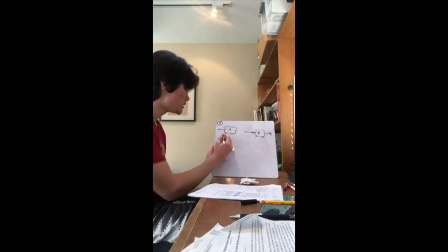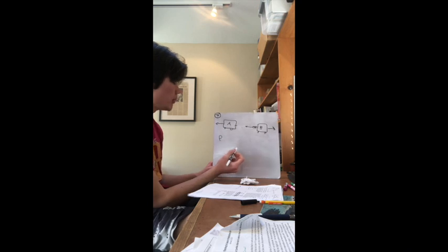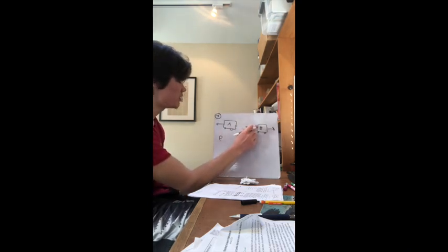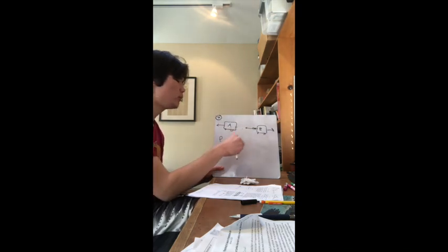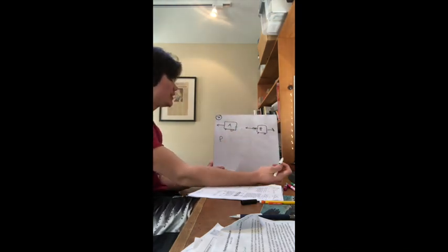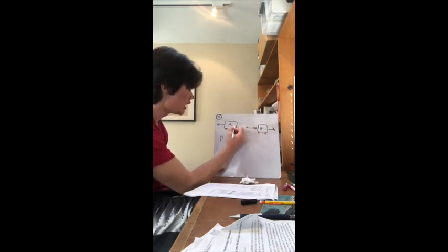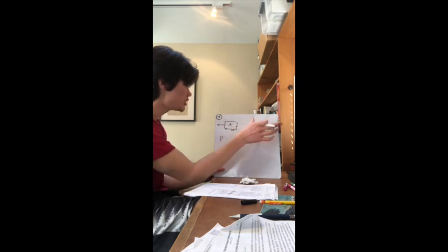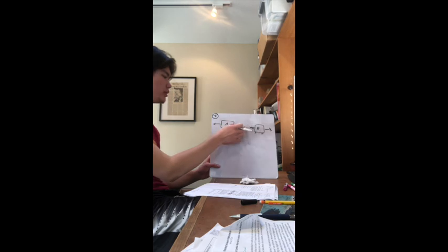Now let's look at momentum. If there was no spring and they just collided, momentum would be conserved and stay the same. But in this special scenario, as soon as they collide, the spring exerts a force pushing A and B apart, which is an external force to the system.